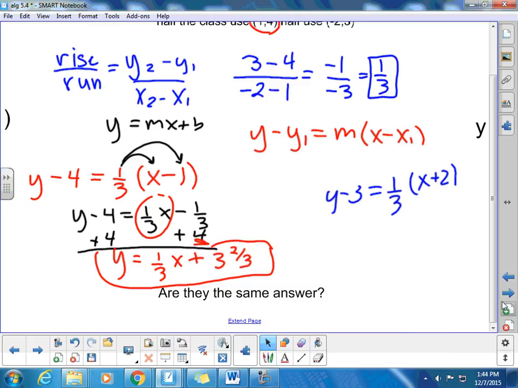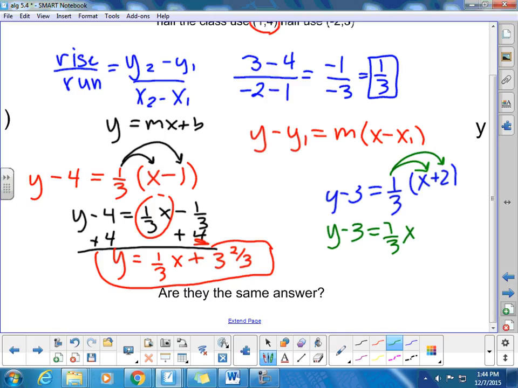Let's try converting this other one. So again, first thing we have to do is distribute this 1/3, and we get y minus 3 equals 1/3 x plus 2 times 1/3 is just 1 times 2, so it'd be 2 over 3 times 1, which is 3.